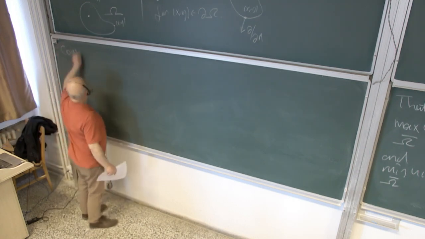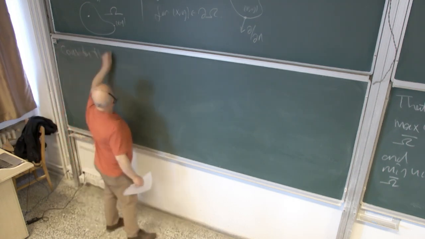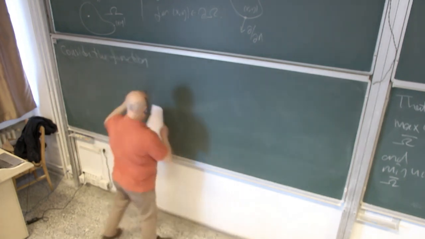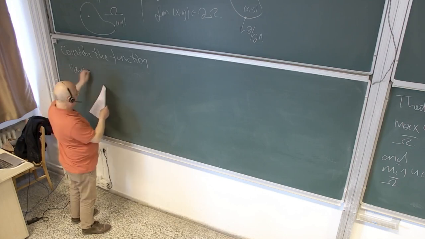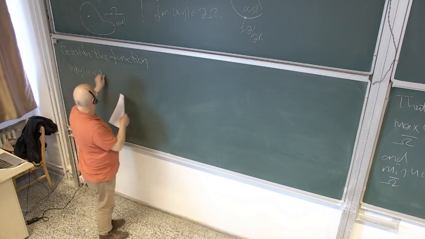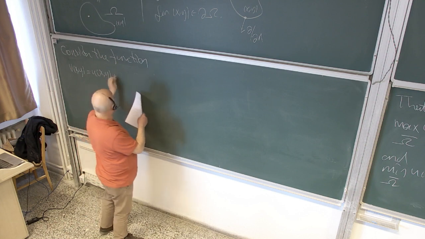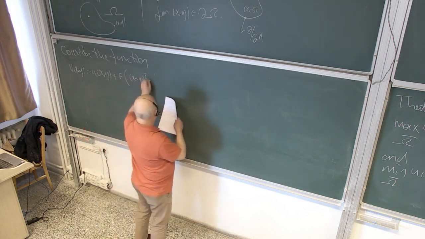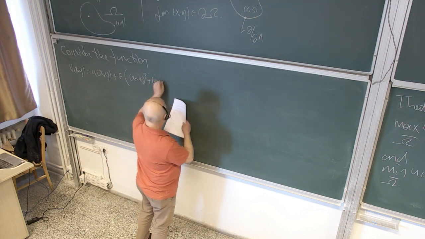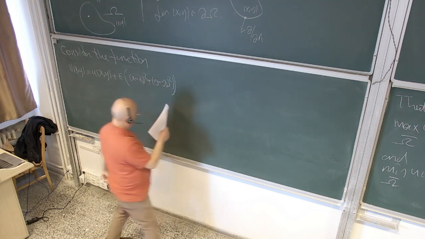Consider the function v xy, which is just u xy plus epsilon times x minus x0 squared plus y minus y0 squared.